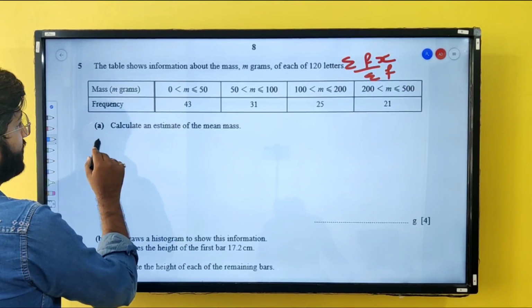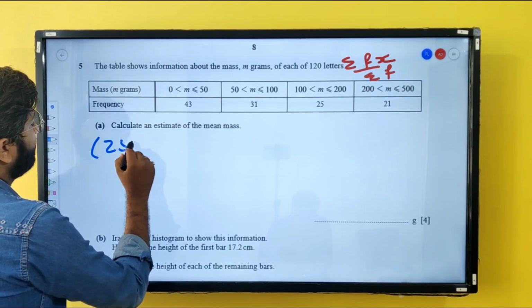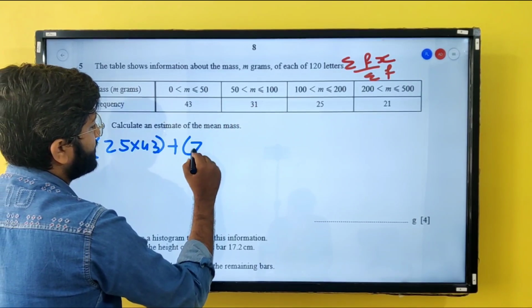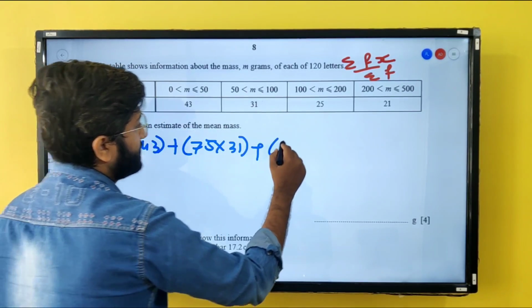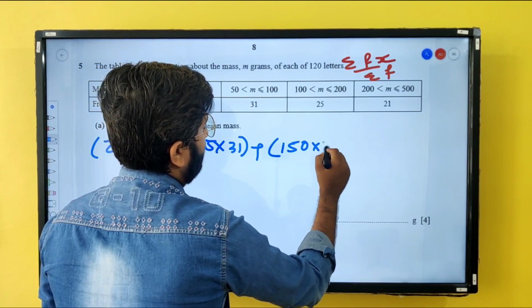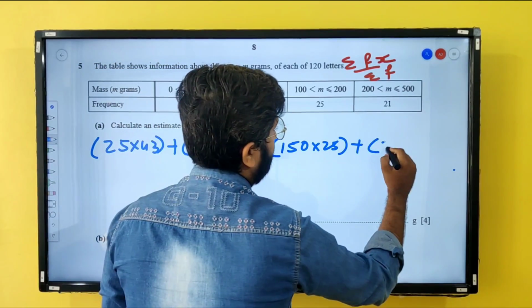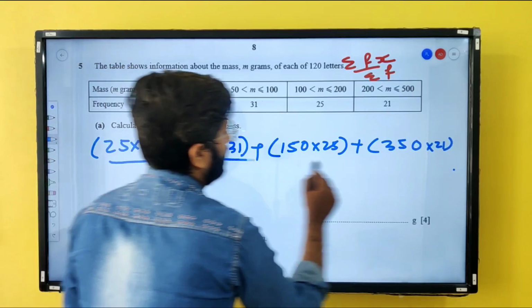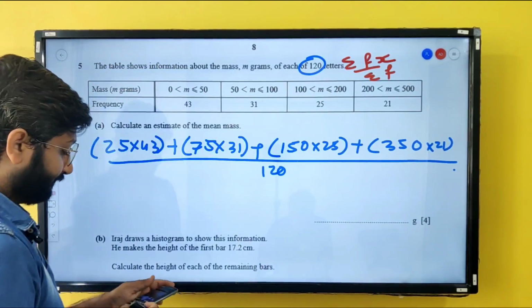Mid value is 0 plus 50 divided by 2, which is 25. So 25 times 43 plus the mid value 75 times 31 plus 150 times 25 plus 350 times 21, divided by 120.